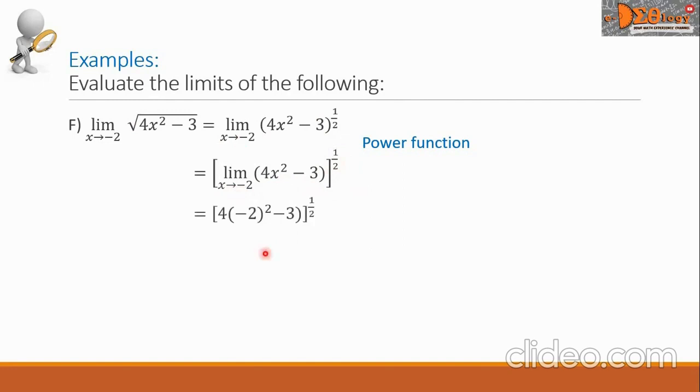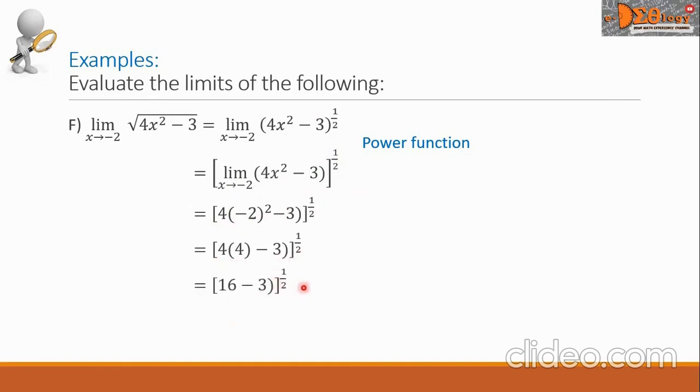Evaluating the limit, we have now 4 times the quantity negative 2, that is squared, minus 3, and this quantity is raised to 1/2. The square of negative 2 is 4. So we have 4 times 4 is equal to 16 minus 3.